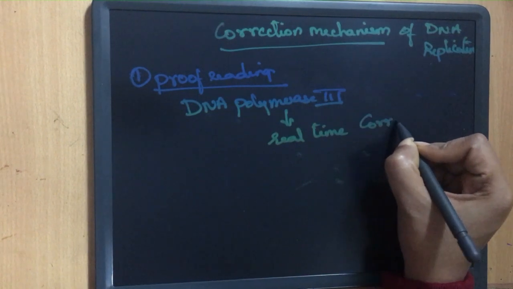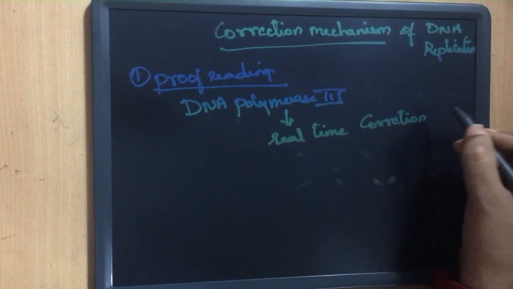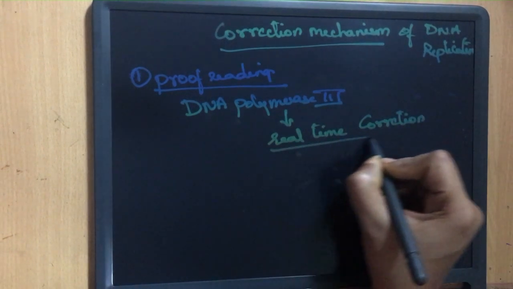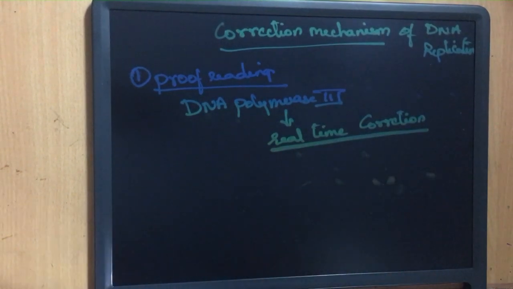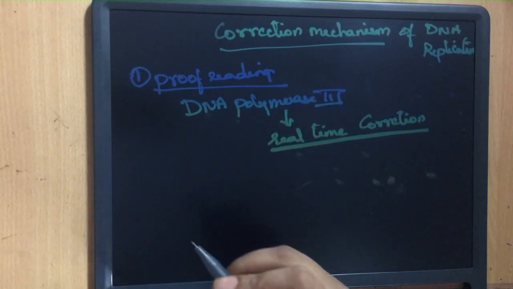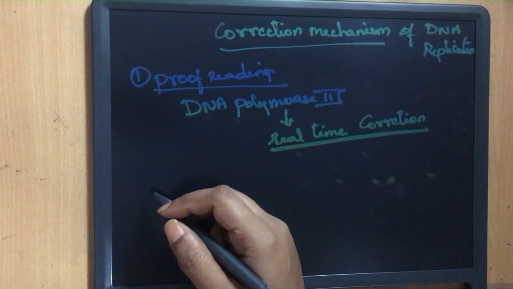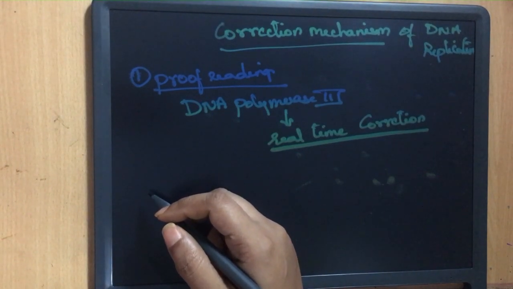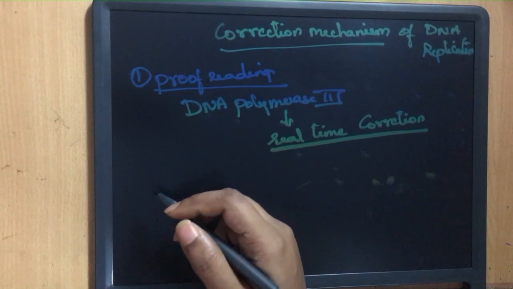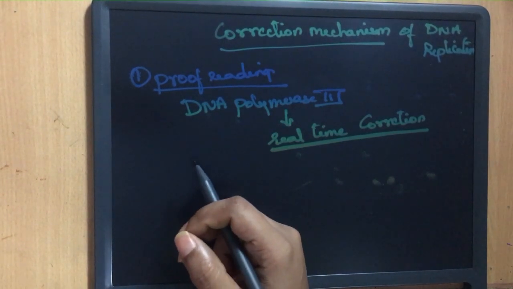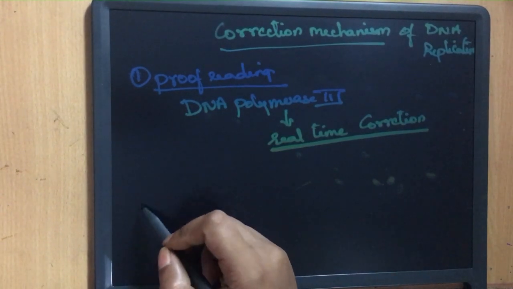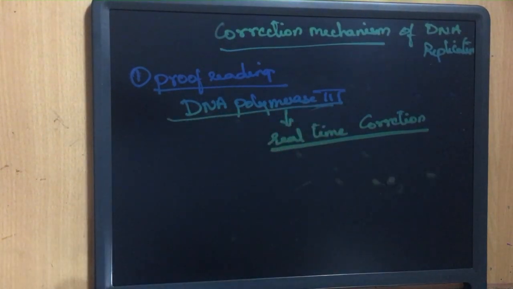So, as soon as replication starts synthesizing new strands, at that time only it will backtrack and correct any error that is occurring. If mismatch or misincorporation occurs, the DNA polymerase can reverse its direction, move in the opposite direction, remove the incorrect nucleotide and replace it with the correct one. Okay, the proofreading mechanism by the DNA polymerase 3 enzyme.